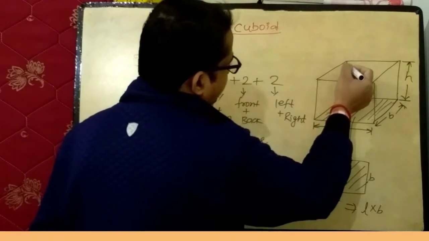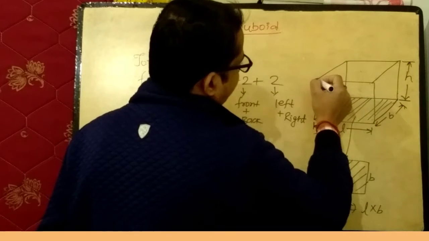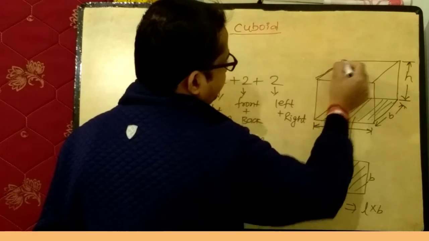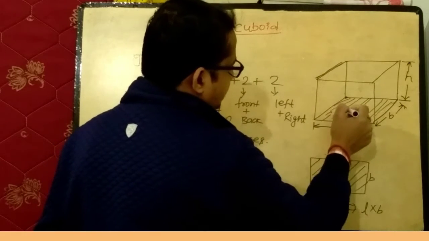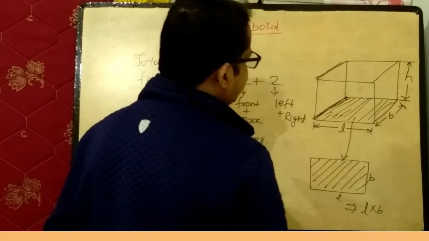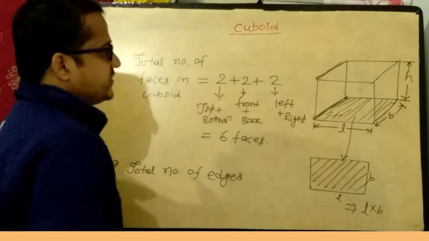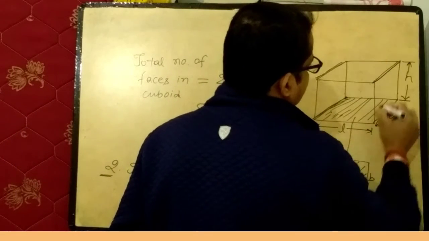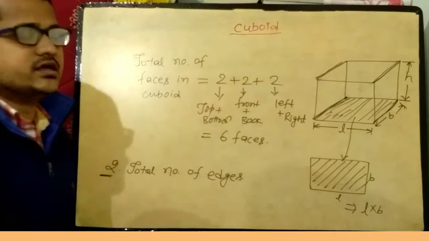Why only 2? Because while counting the number of edges on the top portion, I have included this edge as well. While counting total number of edges in bottom portion, I also have considered this edge. So neglecting these two edges while calculating the number of edges in left portion, as well as neglecting these two edges while calculating the number of edges in right portion.